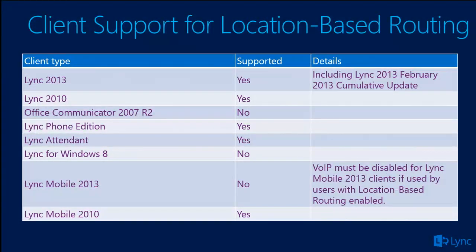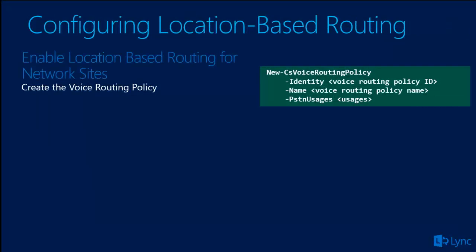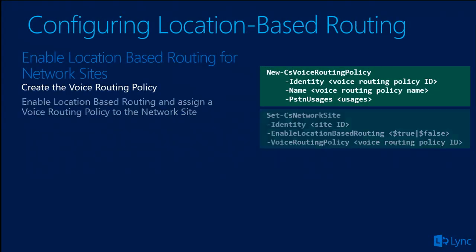Same with the client perspective. For 2013, a client that has the update could be installed, and Lync 2010. So these are the supported clients for location-based routing. Now, how do we enable that? The important thing is that we need to use PowerShell commands.